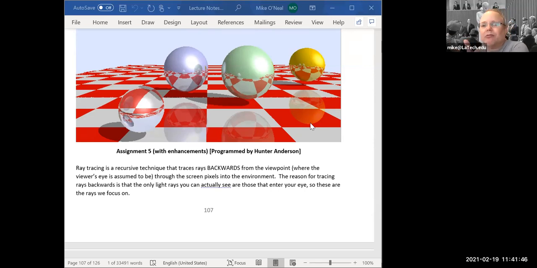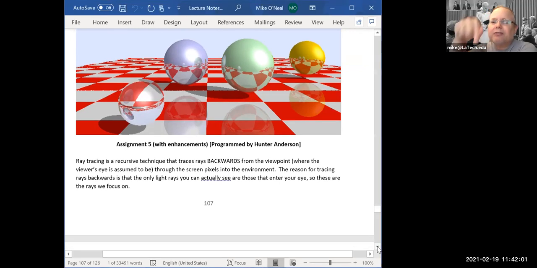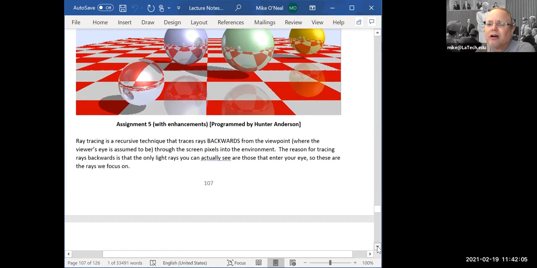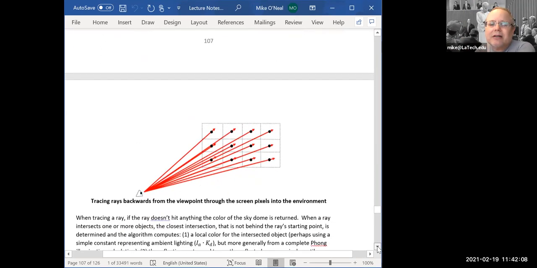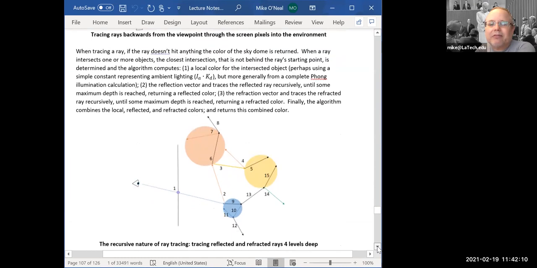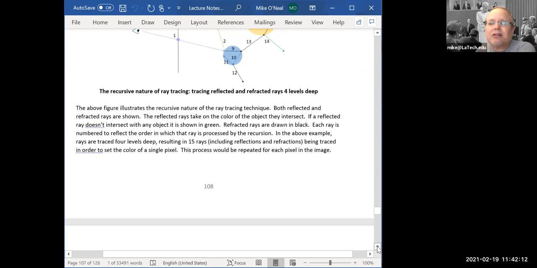I don't have Hunter's numbers in front of me, but visually that's what it's telling me. It's mainly local color. It's got some global color, and all that global color is reflection. There's nothing underneath the plane, so it wouldn't make any sense to do a refraction off of it. There's nothing that would hit. I hope he didn't implement refraction, because it wouldn't do anything. It would just slow it down.